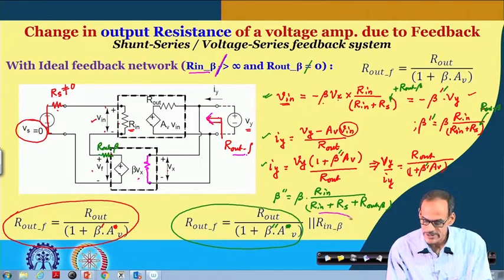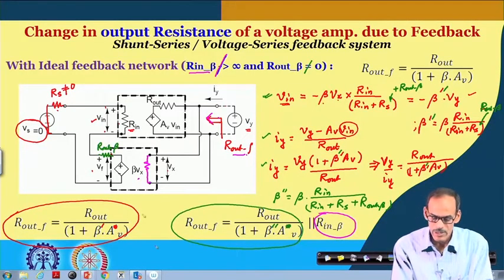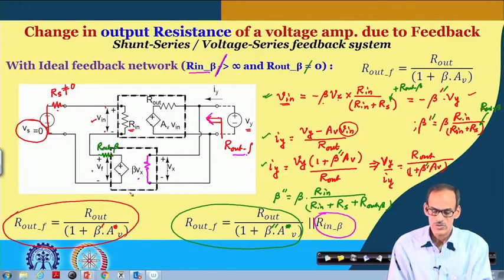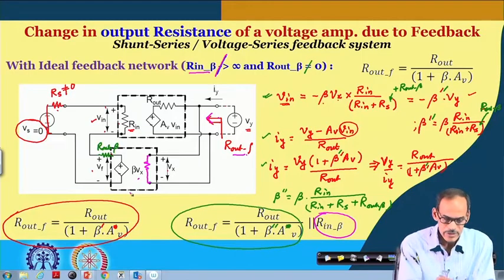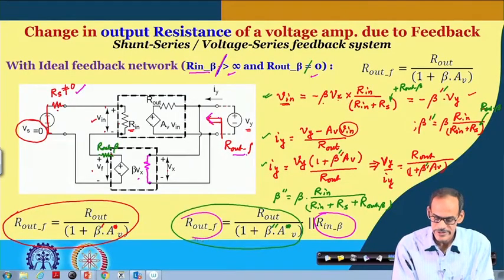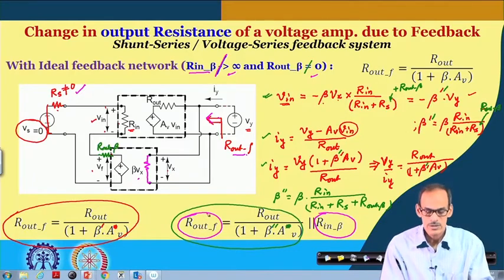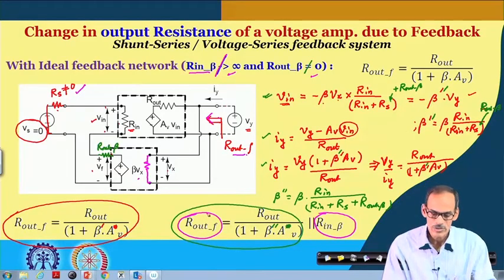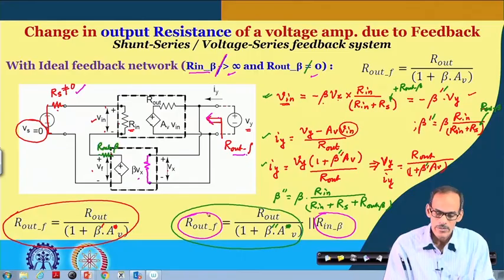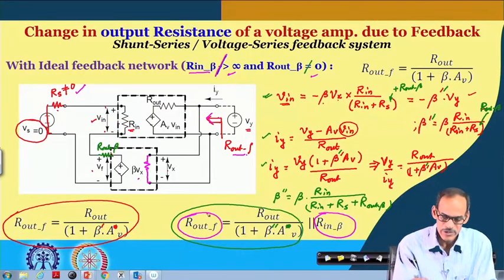That resistance comes in parallel to whatever resistance we have just now considered. So, if this is non-zero, finite, and this is also non-zero, then the output resistance expression is given here.